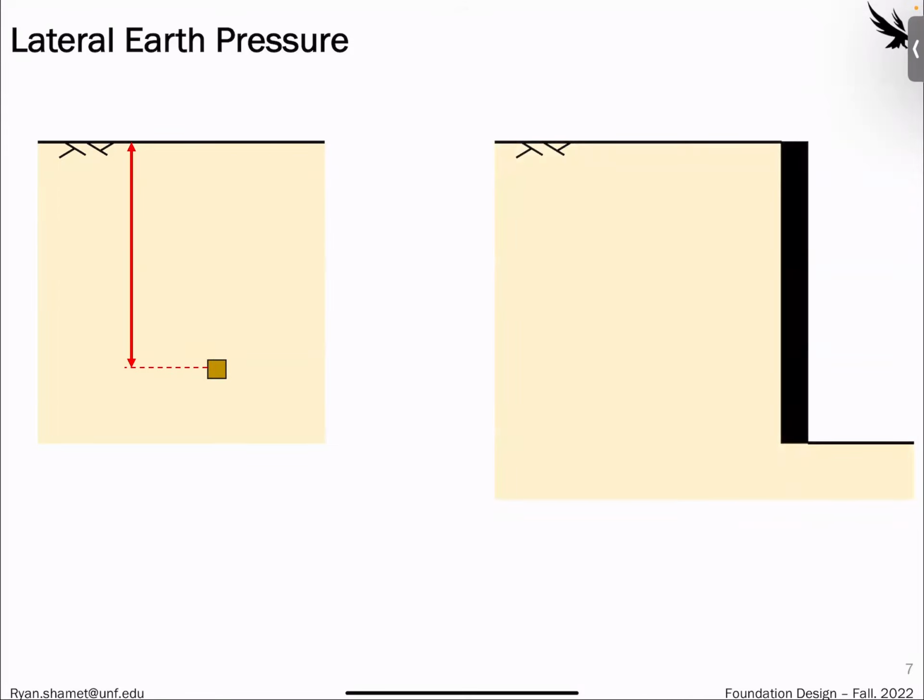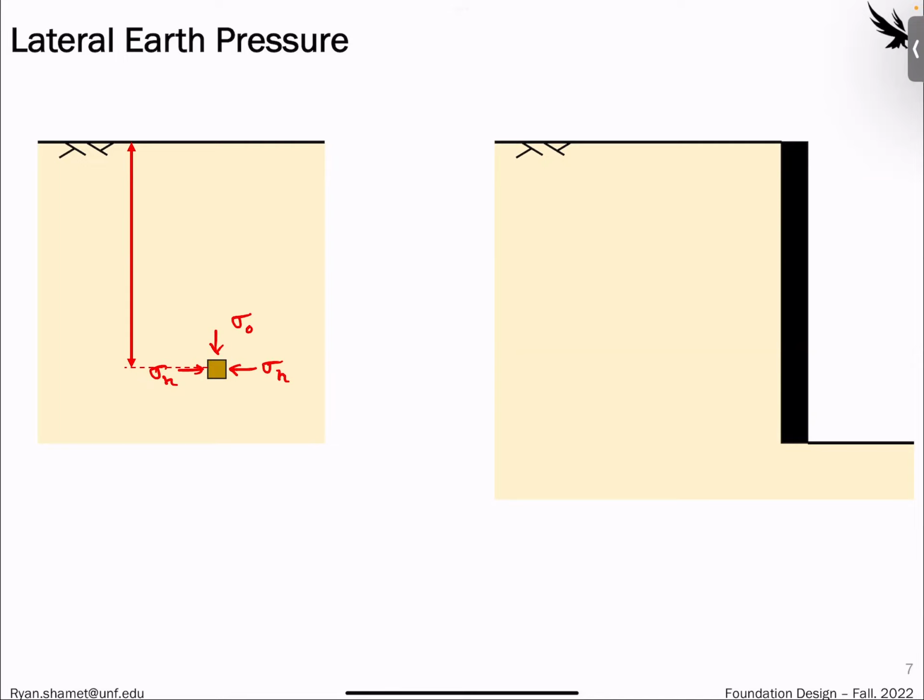If we have an in situ stress on just some random piece of soil, we'll also have a horizontal pressure. Now, unlike water, where it creates an equal amount of pressure, soil is an individual granular material that is affected by gravity. So the vertical is going to be different than the horizontal, or it can be different than the horizontal, I should say.